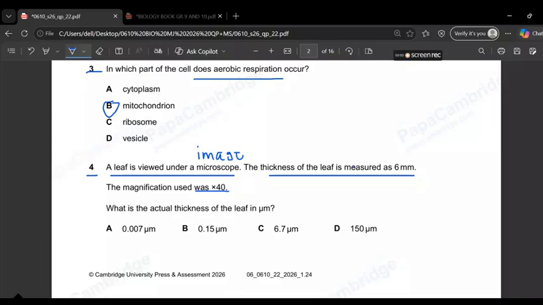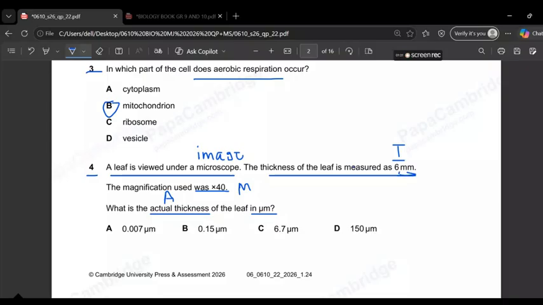So you have been given magnification. This is the magnification M. And this is image size. What is the actual thickness, which is A? Actual thickness is A of the leaf in micrometer. So if you look closely, we have been given the image size as millimeter.